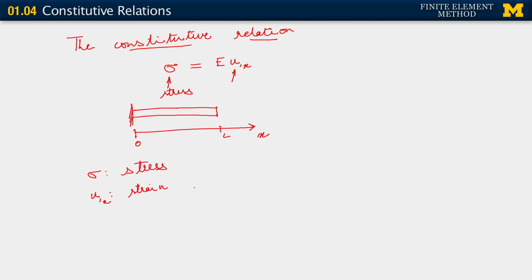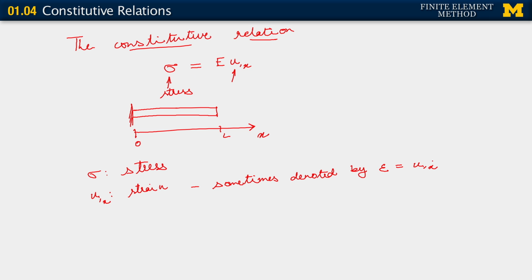The strain is pretty often denoted by epsilon, which is u comma x. So in the context of this elasticity problem, there is a relation between the stress, which is this field sigma, and the strain, which is the displacement gradient.